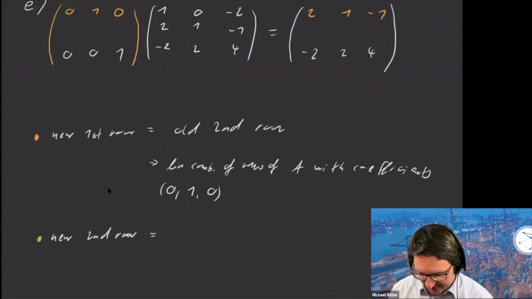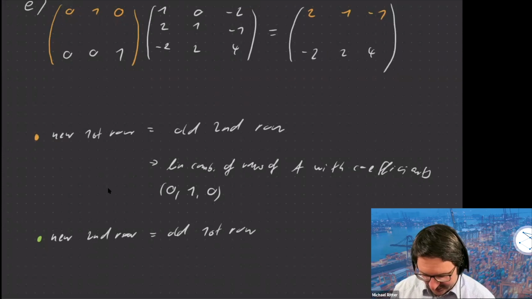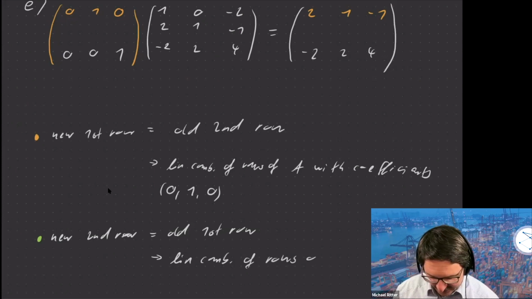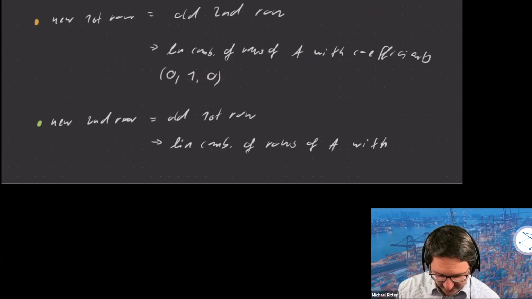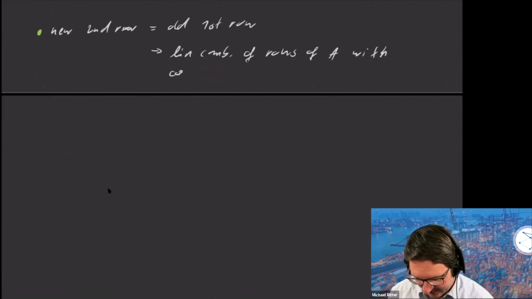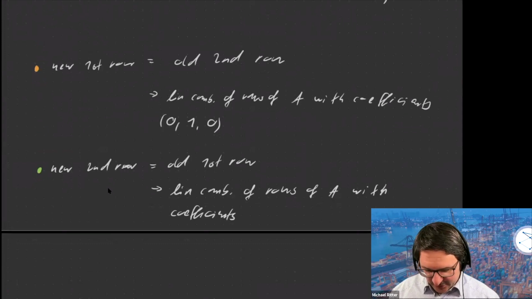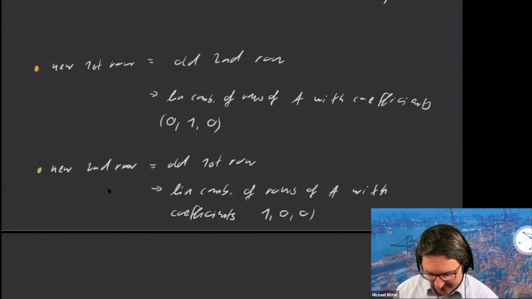The new second row is exactly the old first row. And that means we want a linear combination of the rows of A with coefficients. So we want just the first row. That means 1 times the first row, 0 times the other 2 rows.